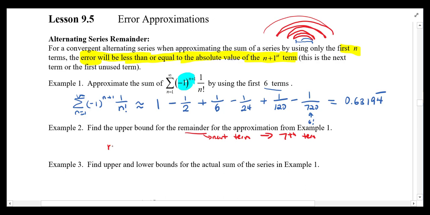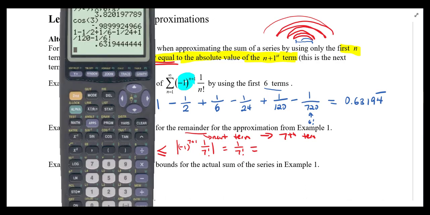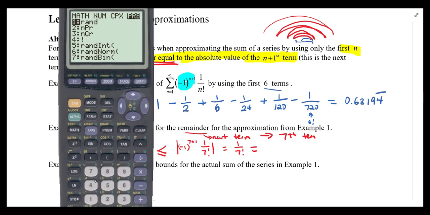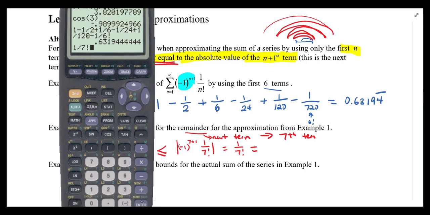So the remainder is less than or equal to, that's what it says up here, the absolute value of the 7th term. So I'd be doing negative 1 to the power of 7 plus 1, all over 1 over 7 factorial. This actually just becomes 1 over 7 factorial, and I would just plot that on the calculator. So 1 divided by 7, math, probability, number 4, press enter.